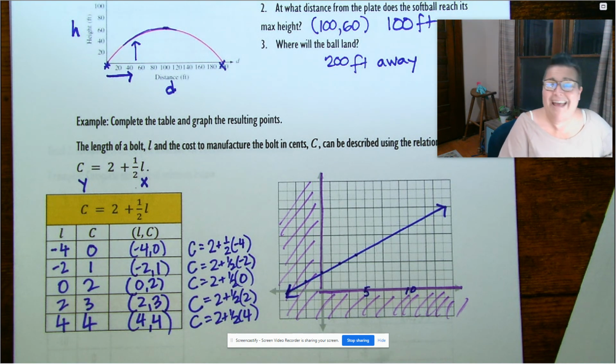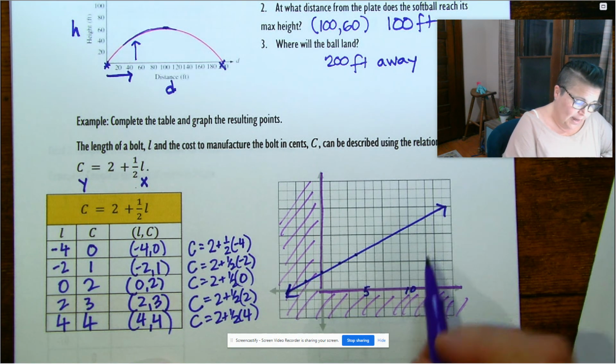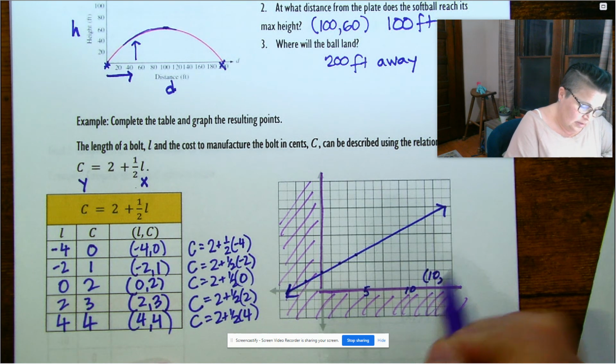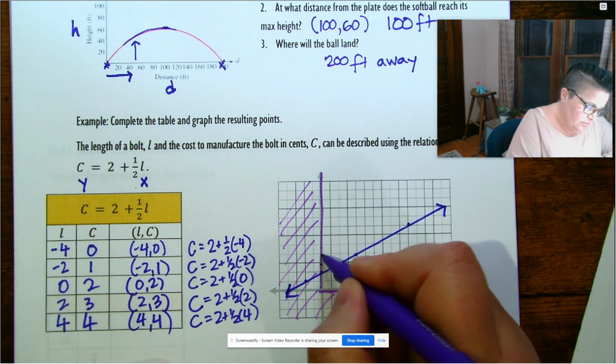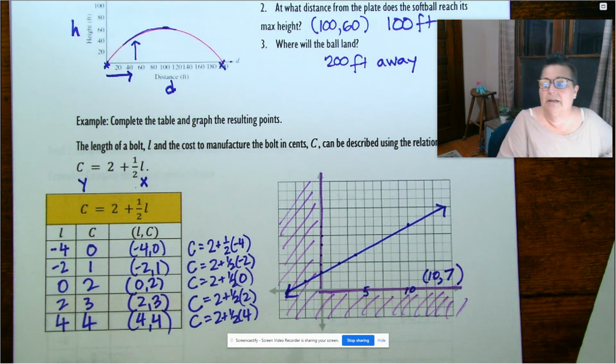So what if we had, let's say, 10 units of extra length? Now, because I've drawn in the graph, I can figure out that if I have 10 extra units of length, the cost of this bolt, 2, 3, 4, 5, 6, 7, is going to be 7 cents. So each bolt is going to cost 7 cents if I have 10 extra units of length.